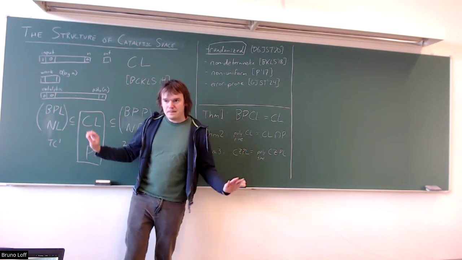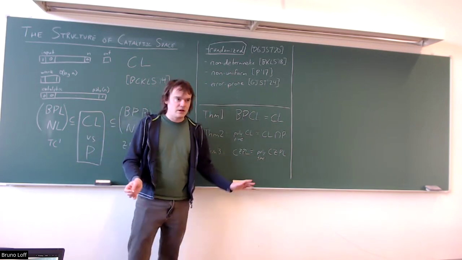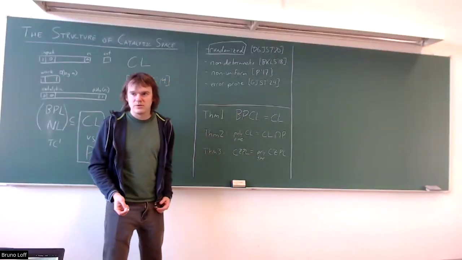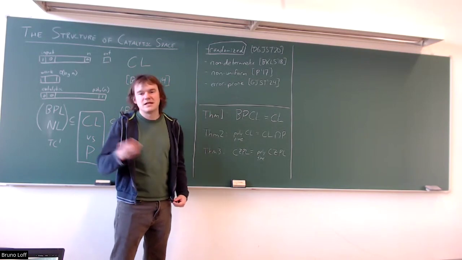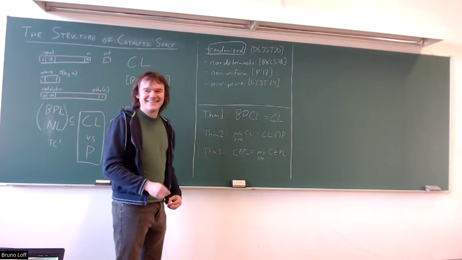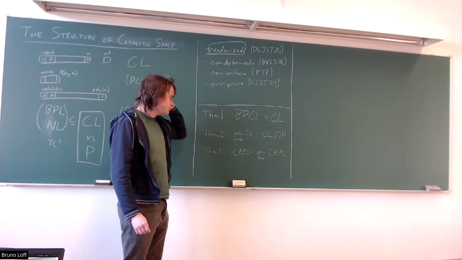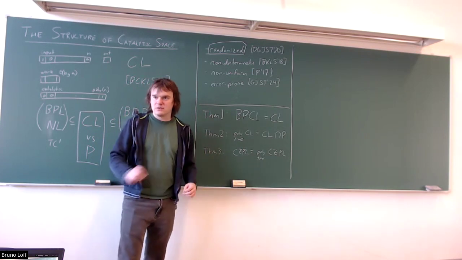If polytime CL equals CL, then of course CL is in polynomial time. But not equals, contained. It is contained in P. This is kind of a weird thing that falls out when you just plug everything in.